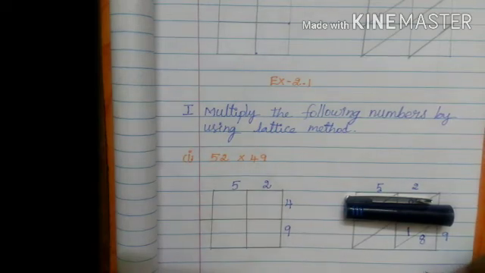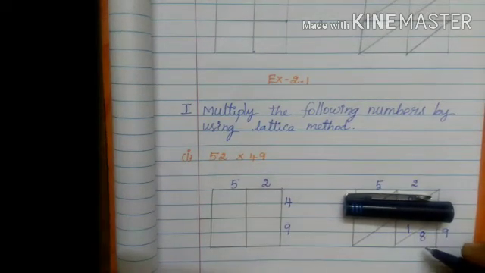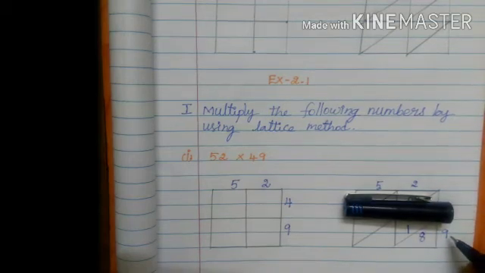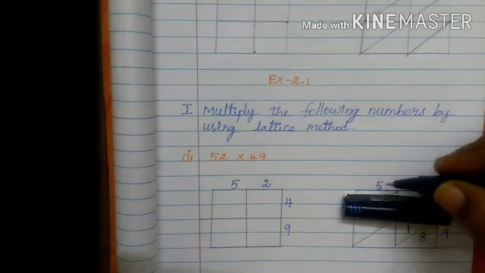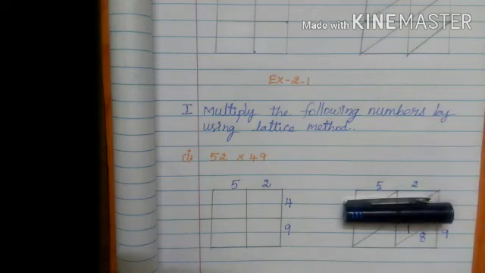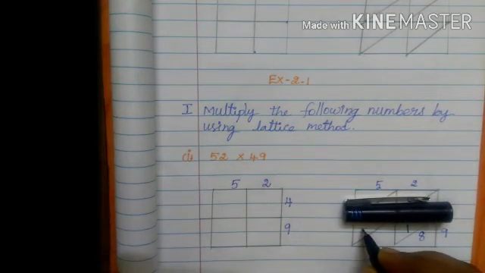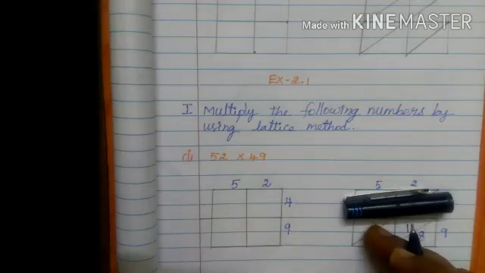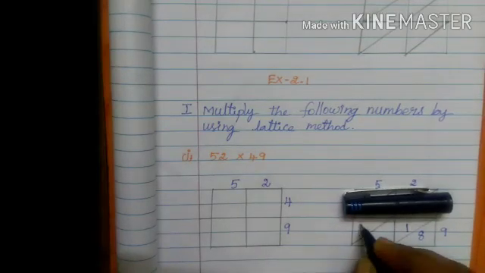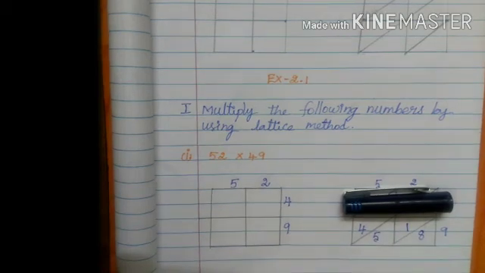So write separately 1 8, 1's place, 10's place. Then you do the next one, 9 5. So 9 5s are 45. So write here 4, here 5. Okay children.